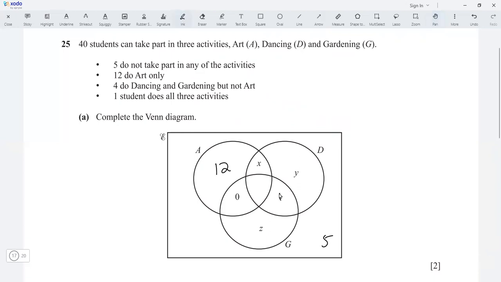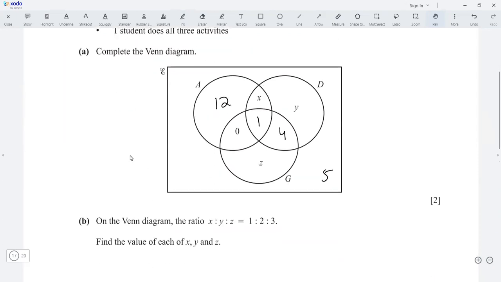So we have to write down 4 here. The next information is one student does all of the activities. So it's the common region of all three circles combined. This one, so I have to write down 1 here. So this is the complete solution for this diagram. The information is given and we have done this. So what about the next part?